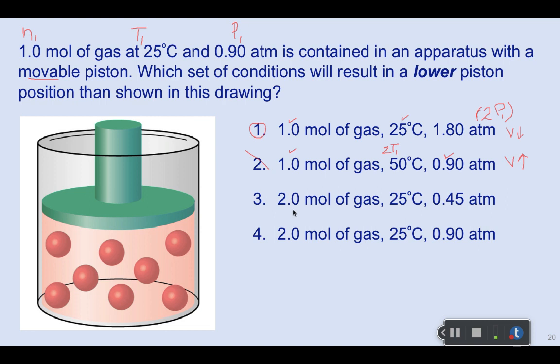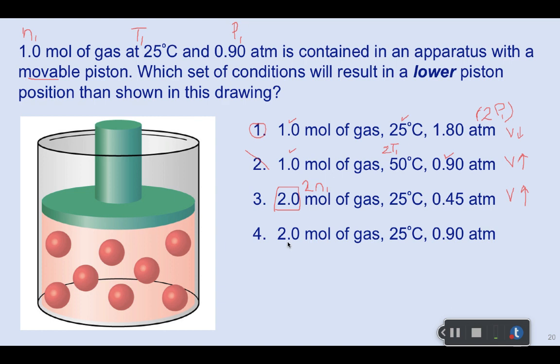It's not that choice. If you double the number of moles of gas, so the number of moles now is 2 times the original number of moles, that means the volume will also increase. When the number of moles increases, the volume increases.